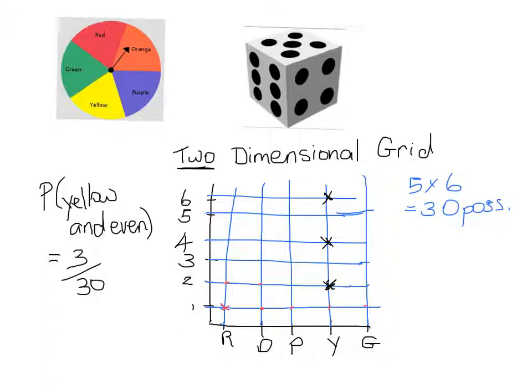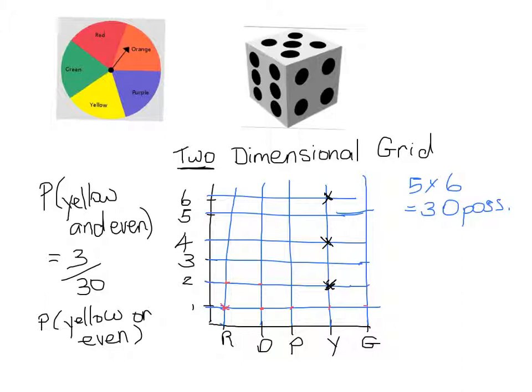Now, we need to make sure we remember the difference between and and or that we discussed earlier. And is the intersection, but if instead I ask for the probability of yellow or even, that's the union. That's everything that's yellow as well as everything that's even.